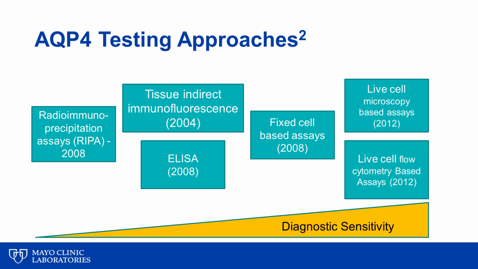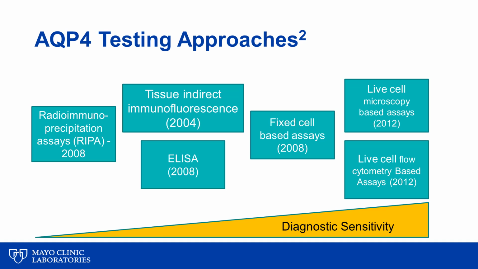Initially, aquaporin 4 antibodies, which are a critical biomarker for neuromyelitis optica spectrum disorders, or NMOSD, were discovered through a unique staining pattern on tissue immunofluorescence. However, as the disorder was further characterized and new methods were developed and assessed, it was realized that this initial immunofluorescence approach had limited clinical sensitivity, and therefore additional assays were developed, evaluated, and offered clinically.